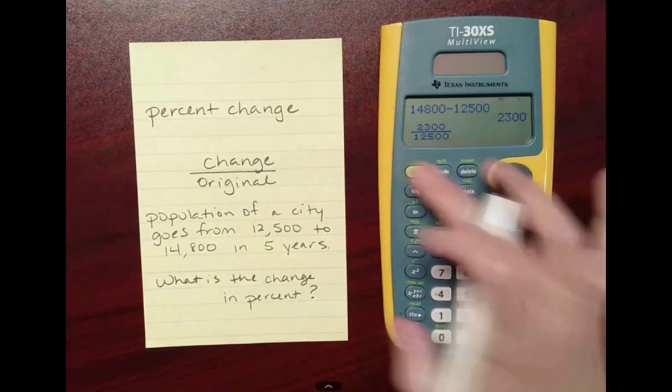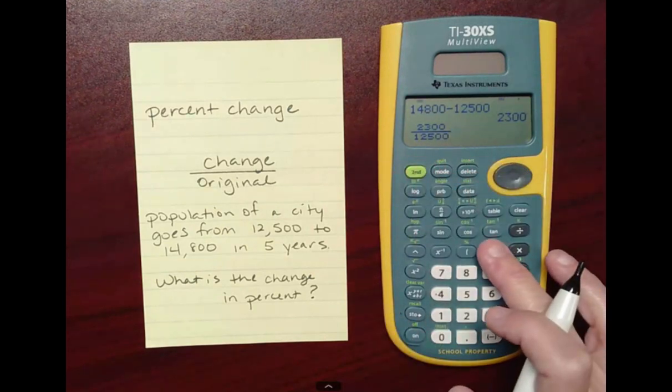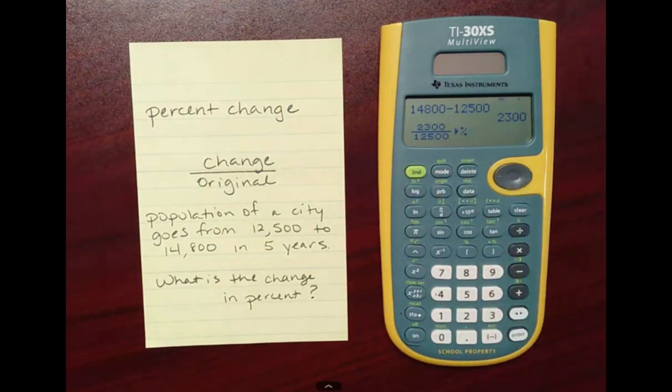So we're going to hit second and our closing parentheses that puts that arrow to a percent. That button will change the fraction to a percent and hit enter, and we get an 18.4% change. You could do population increase or population decrease. You just have to make sure that whatever the change in population is goes on top and whatever the original is goes on the bottom.